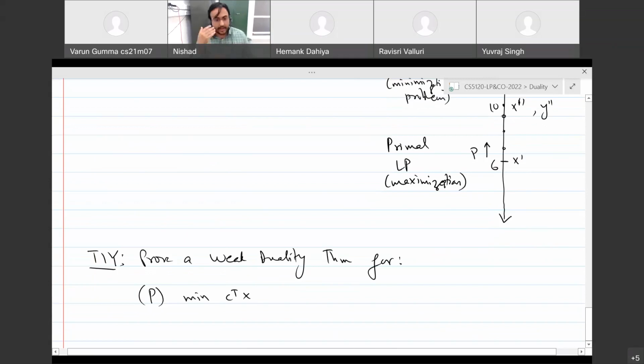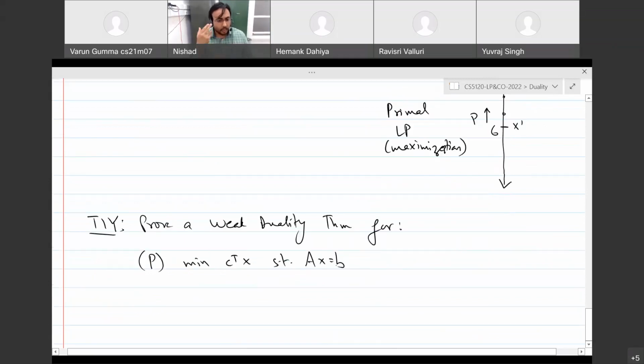So now instead of finding upper bounds, your goal is to find lower bounds. That's the way you want to think about it when you try to solve this problem. You're trying to establish lower bounds. And I want you to figure out the dual yourself.